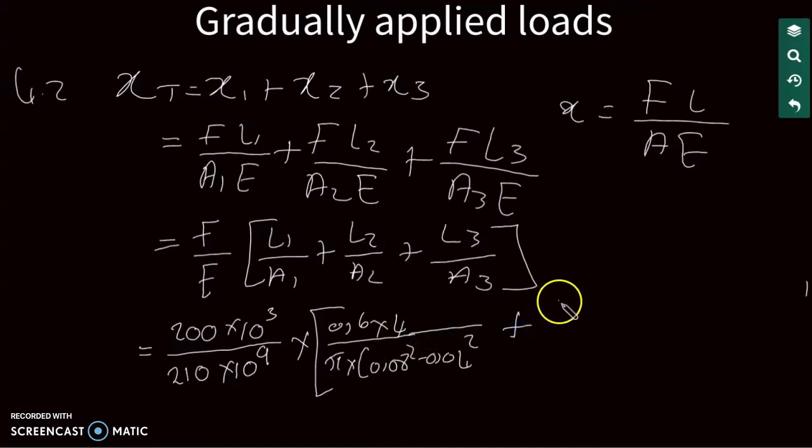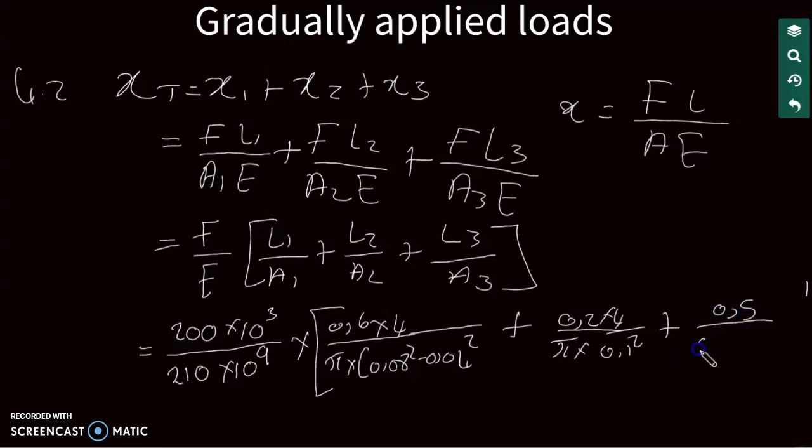Plus our length number 2, which is 0.2, divided by area, I'm going to put the 4 here, pi times 0.1 squared, plus length number 3, which is 0.5.